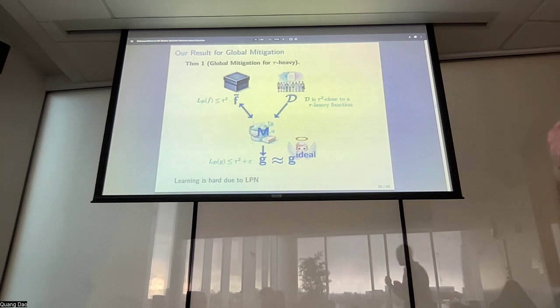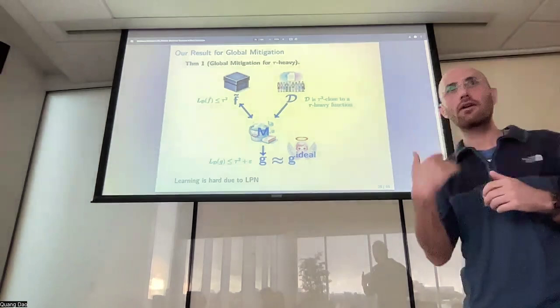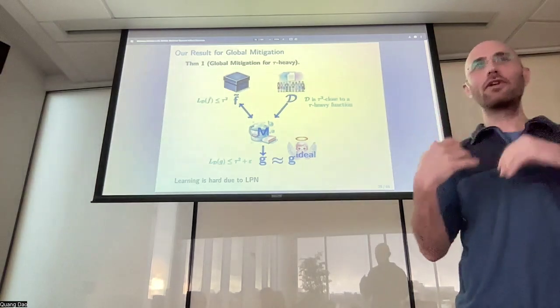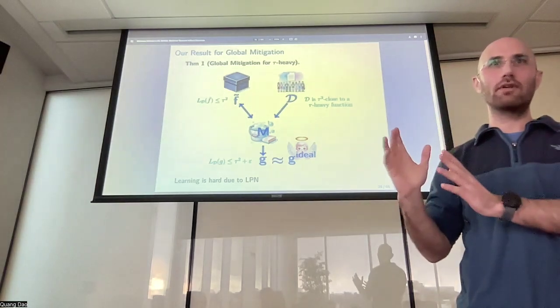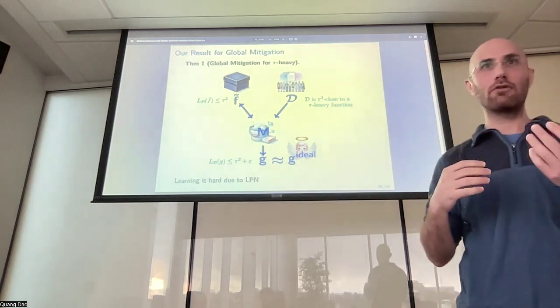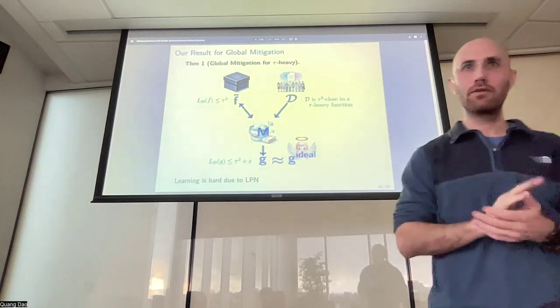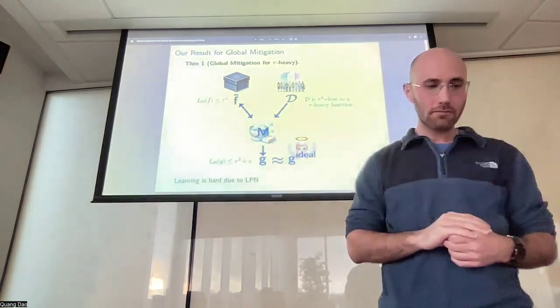And so even if you planted in some backdoors, I can still filter that out, get the correct heavy coefficients, and then estimate the values myself independently of F tilde.